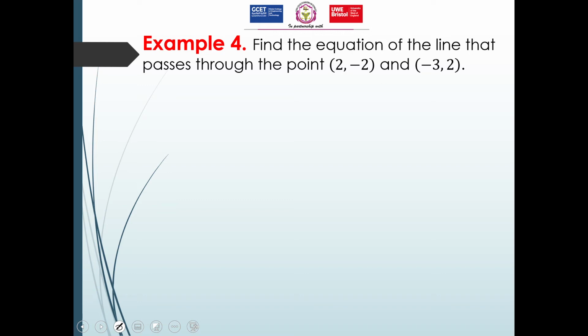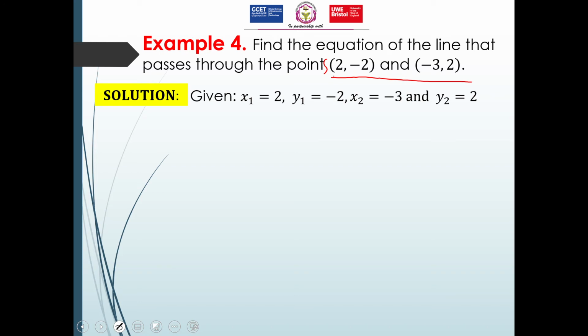Find the equation of the line that passes through the points. So we have 2 points, so therefore we need to use formula number 2 because we have 2 points. So x1 is 2, y1 is minus 2, x2 is minus 3, y2 is 2. So we will use formula 2.